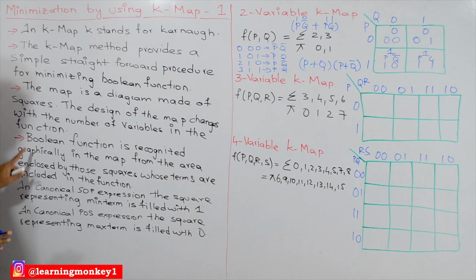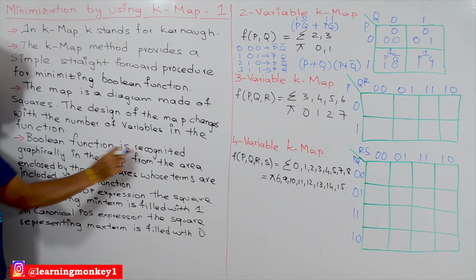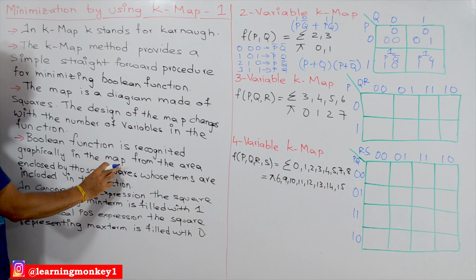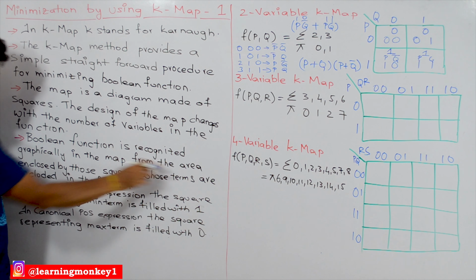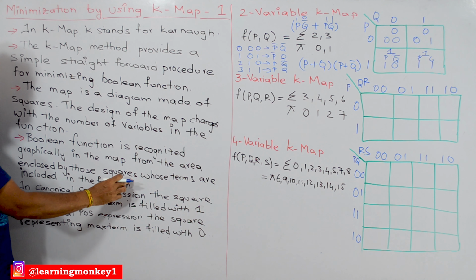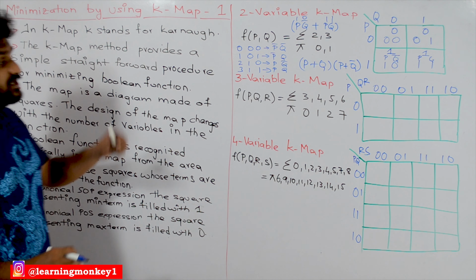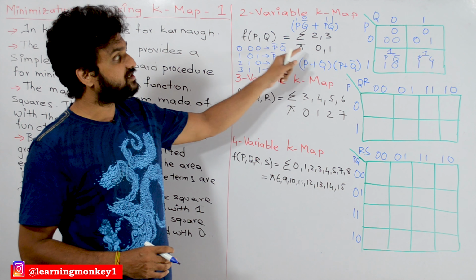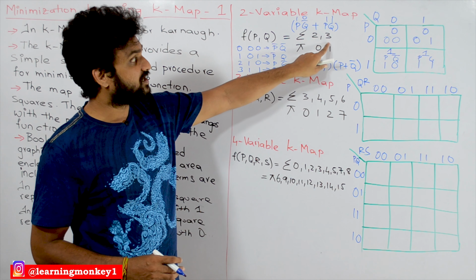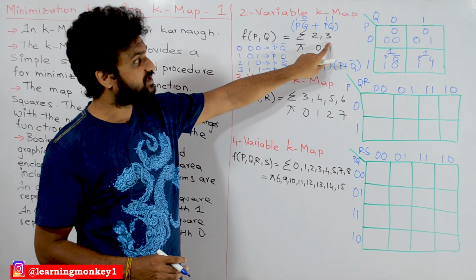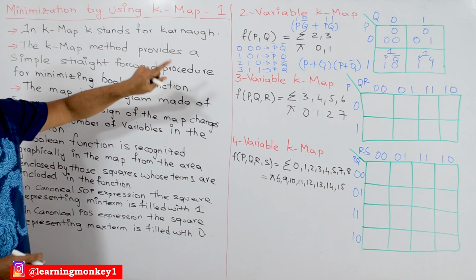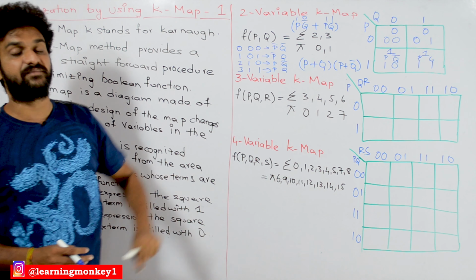See here, let us try to understand this part once again. A Boolean function is recognized graphically in the map from the area enclosed by those squares whose terms are included in the function. The terms which are included in the function are represented in the K-map.